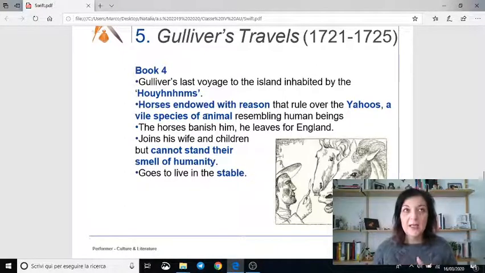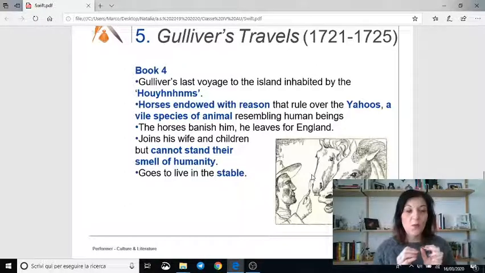They speak like humans. They have some behaviors, comportamenti, which are humanlike. They have got reason, okay, but they are horses. Their shape, their appearance, is the appearance of horses, cavalli.